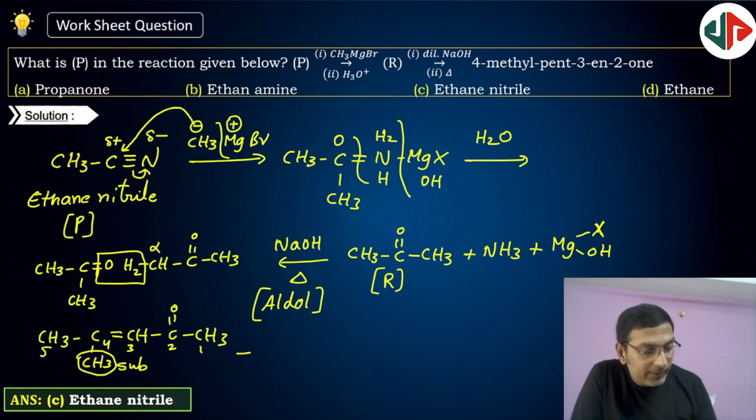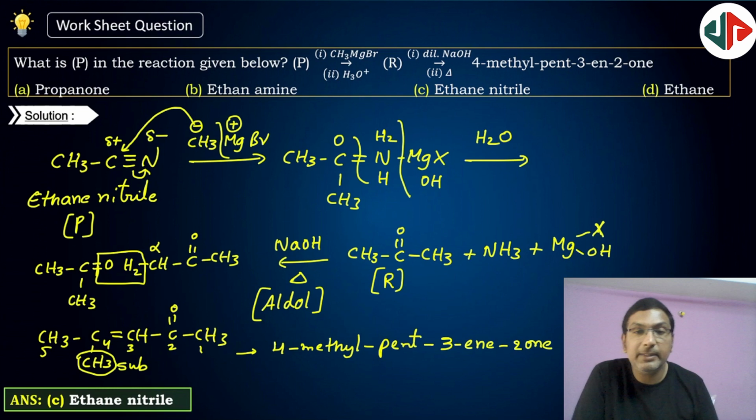So therefore the IUPAC name will be 4-methyl pent-3-en-2-one. So this is the IUPAC name.